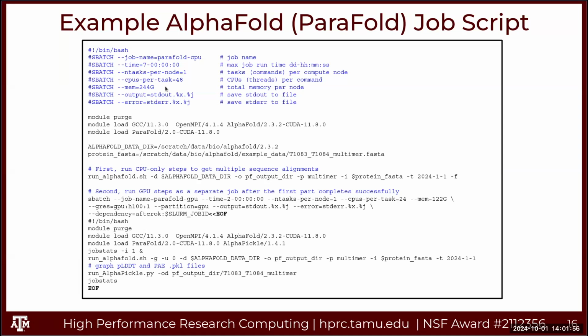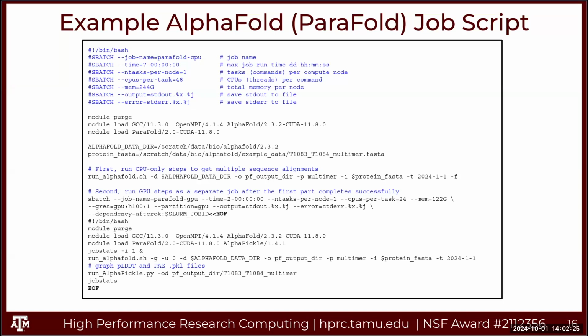So the very first job that gets submitted is a CPU job. Notice we're not specifying any GPUs up here. So the first job is the CPU job. In Parafold, the first part of the AlphaFold workflow is a multiple sequence alignment that is done on CPUs.